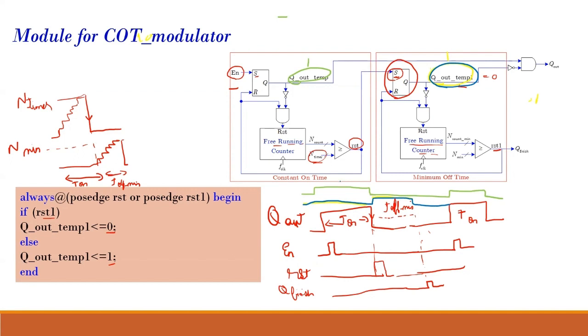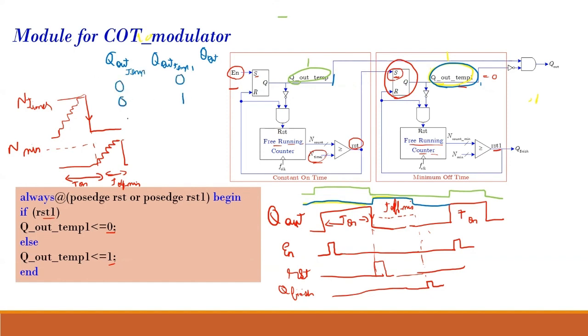So Q out is the AND of Q out temp, that is this, and not of Q out temp 1. So if you see the logic of Q out, this is my truth table.